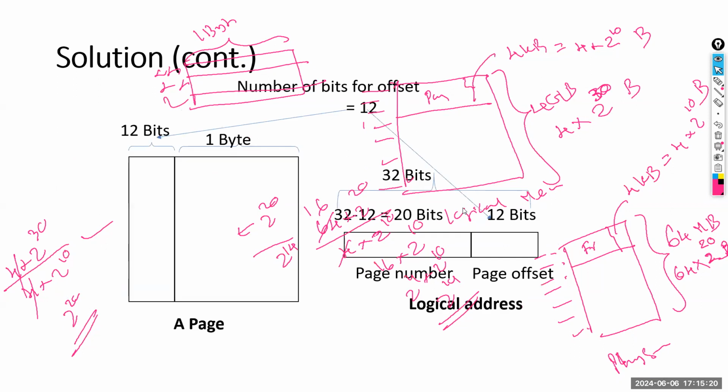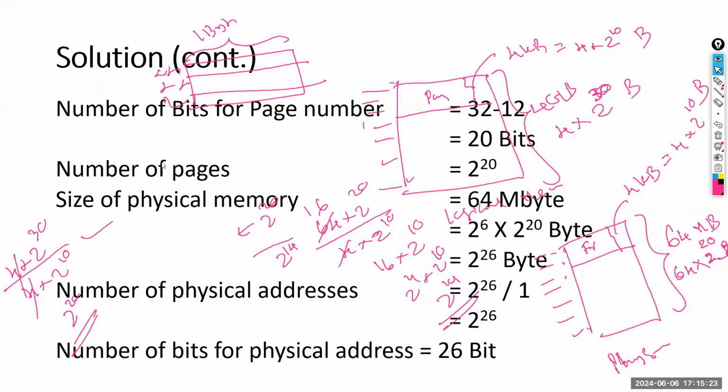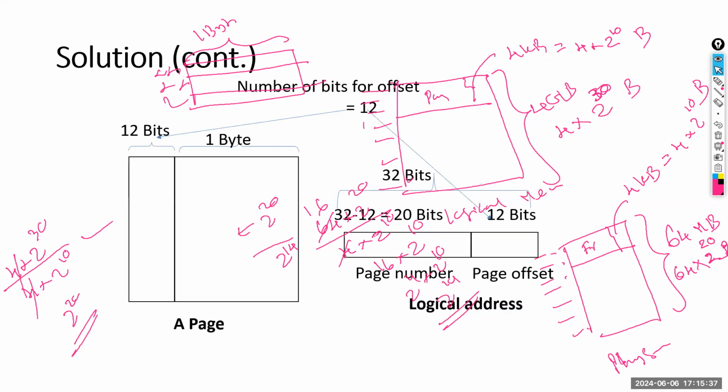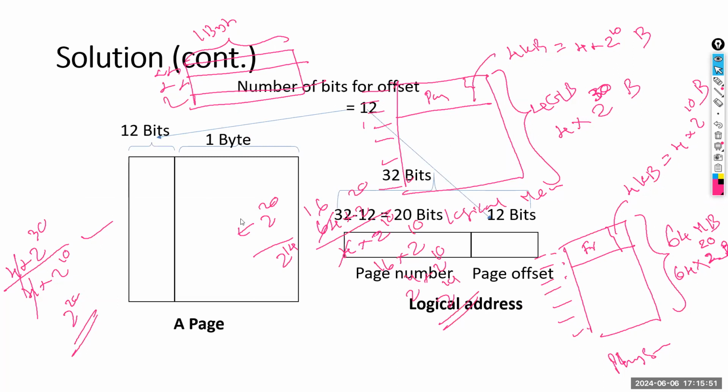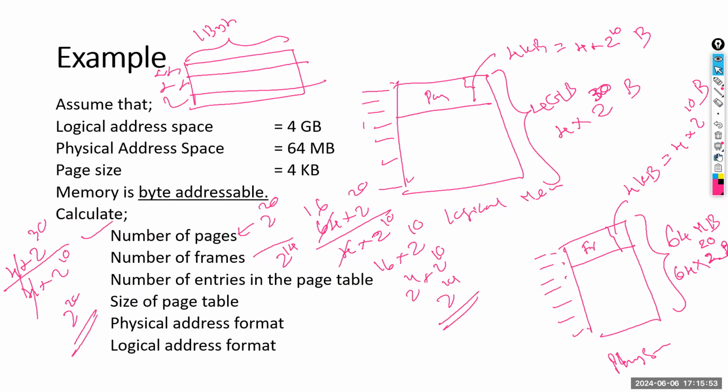It is not mentioned in my answer. Number of pages is there, but number of frames I have not mentioned. I will add that into your note, okay? But you can see here we got 14 bits. That is how you get it. Anyway, let's continue because we are doing it in the proper way. Any questions up to this point?